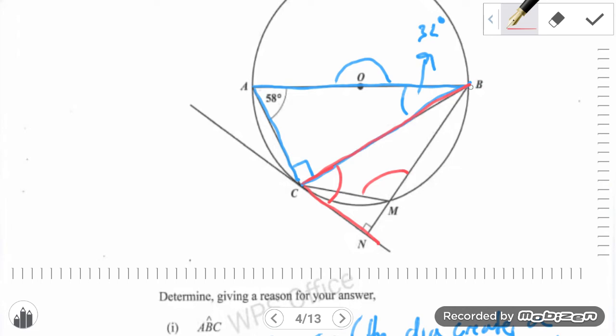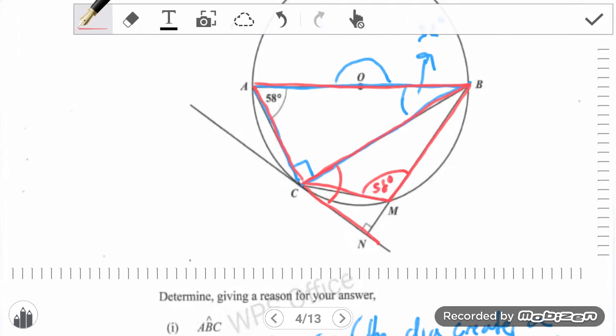The chord CB created the angle here, and the chord CB also created an angle down here, so this is actually equal to this 58 degrees here.